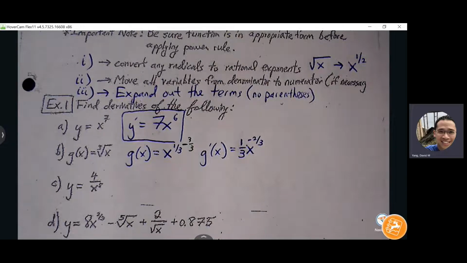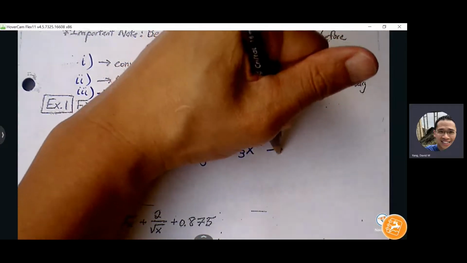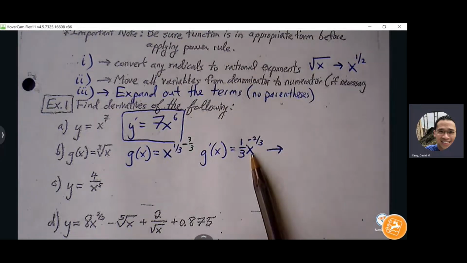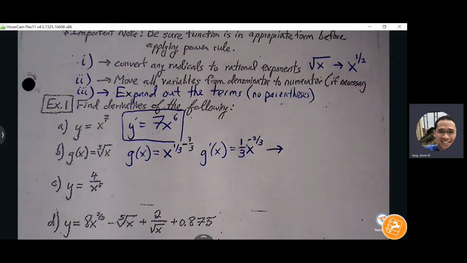But I'm going to ask you to do some cleanup. What I mean by cleanup is, once you have arrived at your derivative or your answer, if you have any negative exponents left, you want to resolve the negative exponent. Right now, this x is sitting in the numerator. To force that negative to be a positive exponent, we're going to force that x down to the denominator.